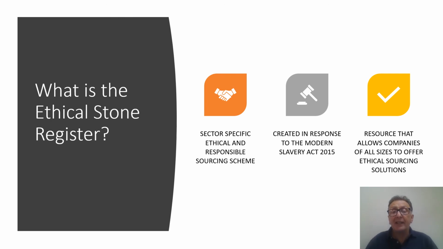It was created as a response to the Modern Slavery Act, but it looks at all aspects of a company and a product to ensure that it's as sustainable and ethically secure as possible. The ESR allows companies of all sizes to offer ethical sourcing solutions to their clients.